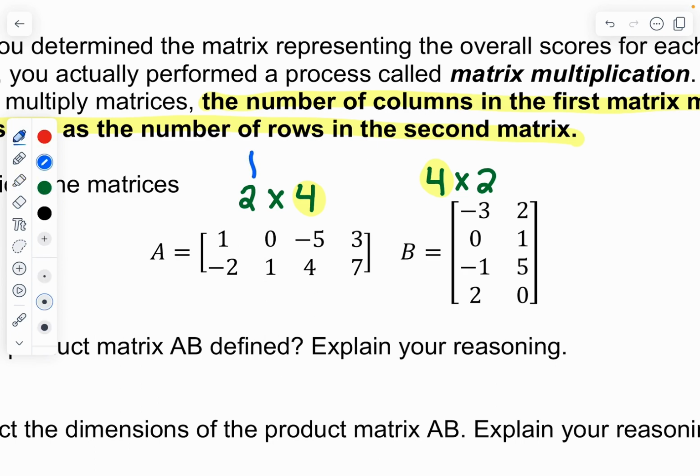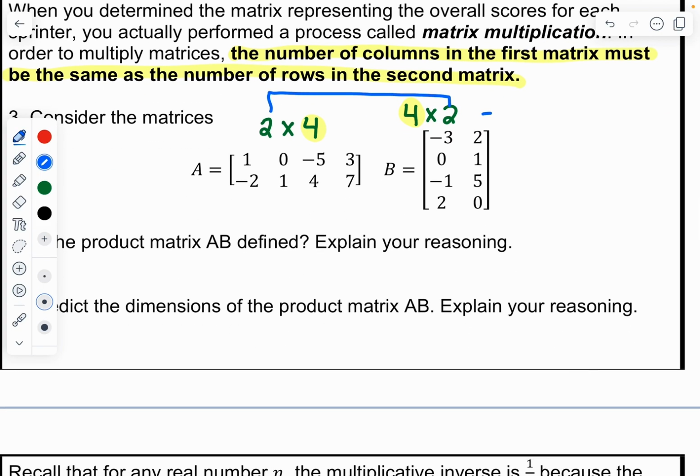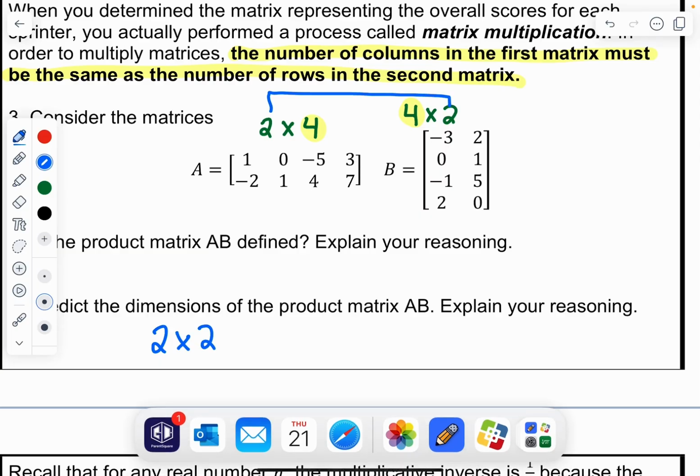And then your result will end up being a 2 by 2 matrix, the outside numbers. Okay, so 2 by 2. So A and B can be multiplied because the columns in the first one match the rows in the second one. So real quick, let's grab our calculator.